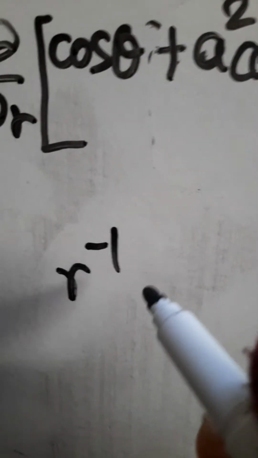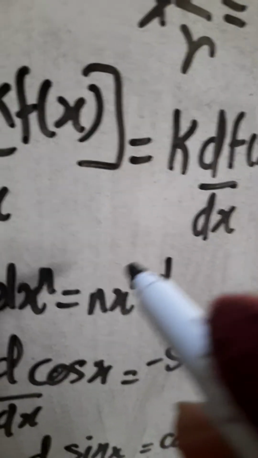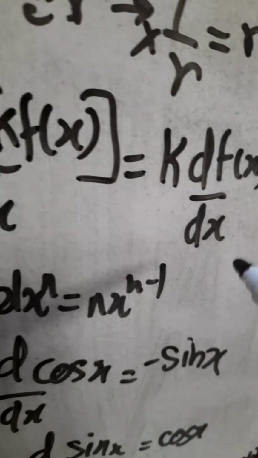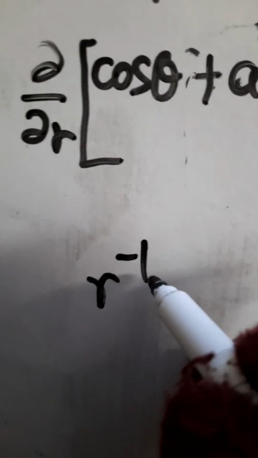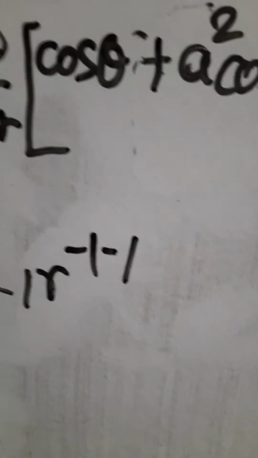So we have to do this here too with this minus 1. This n from the power we made a coefficient, and we reduced the power by 1. So I take this minus 1 and put it in the coefficient and reduce this minus 1 by 1.